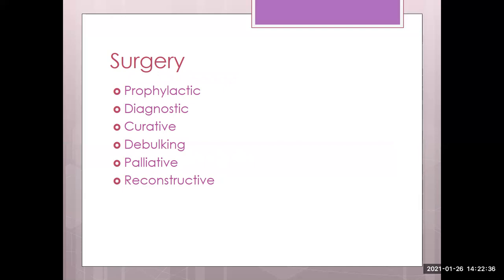Prophylactic surgery is surgery that would be done prior to a diagnosis, like somebody that's high risk or somebody that's had positive genetic testing and they prophylactically have surgery. The easiest one is related to breast cancer, like a woman who has a mastectomy prophylactically because she's at such high risk for breast cancer.